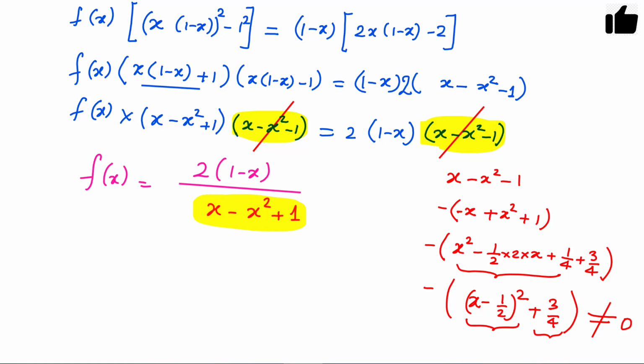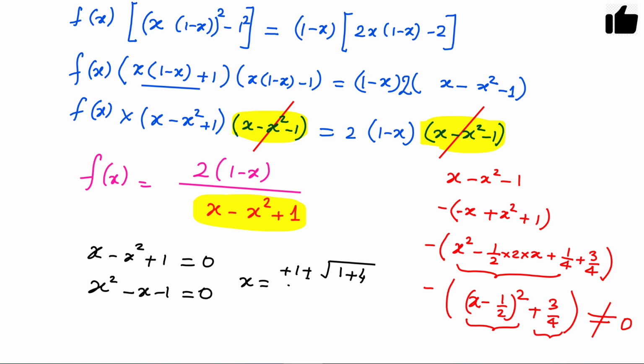Let us find it here. x minus x square plus 1 equals 0, or I can say x square minus x minus 1 equals 0. This is a quadratic equation and roots will be minus b plus minus root of b square minus 4ac, divided by 2a. So x is equal to (1 plus minus root 5) by 2.